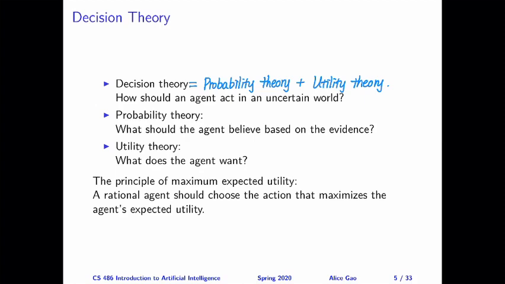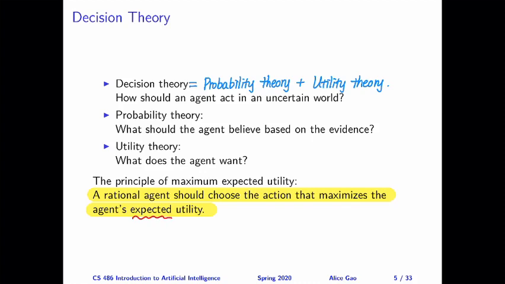Then a rational agent can make a decision on what to do based on the principle of maximum expected utility. This principle says that a rational agent should choose the action that maximizes the agent's expected utility. And the reason we have an expectation here is because we don't know which world is going to be realized.